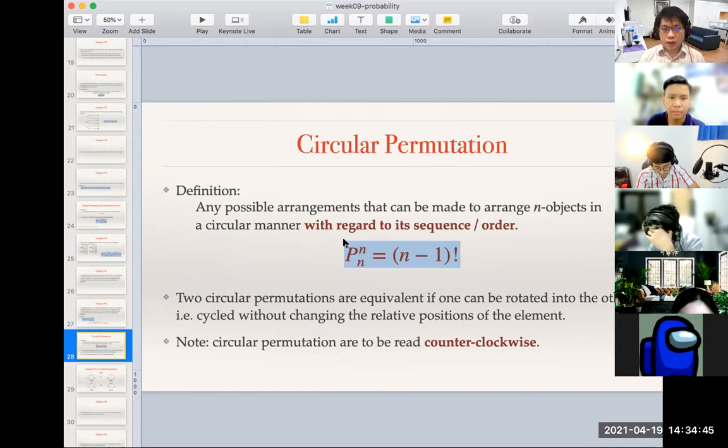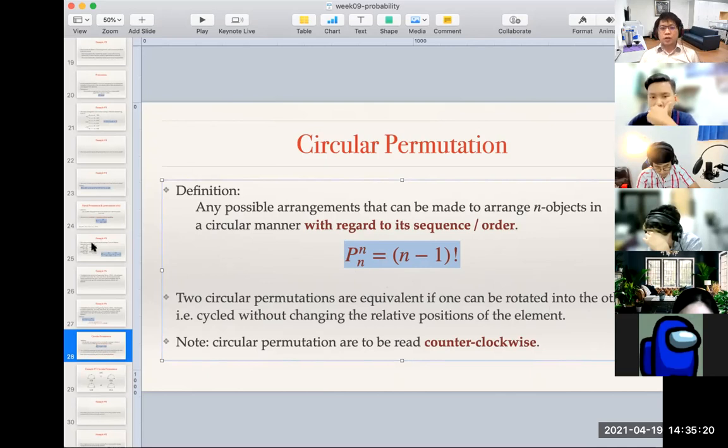So the permutation of n objects in a circular manner becomes n minus 1 factorial. Remember, 2 circular permutations are equivalent if one can be rotated into the other without changing the relative positions of the elements.